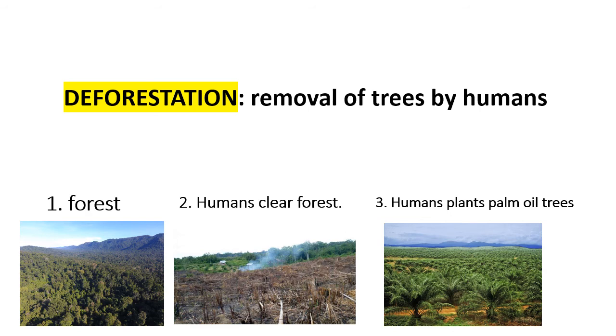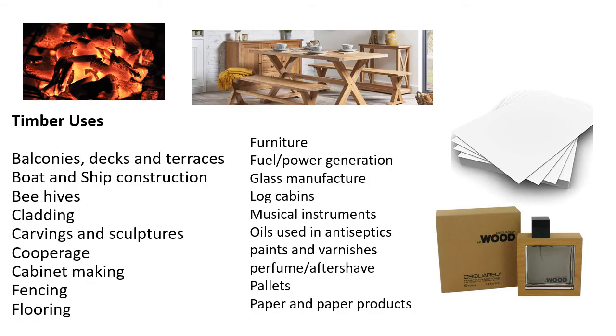So that could be a reason why they clear the forest. So what are other reasons humans use trees from forests? Well, here are a list of things that humans make when they cut down or remove trees.